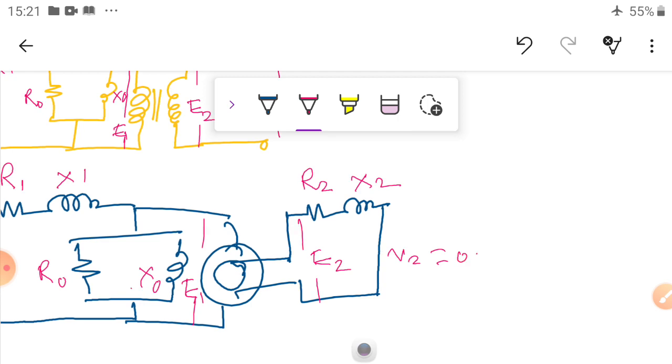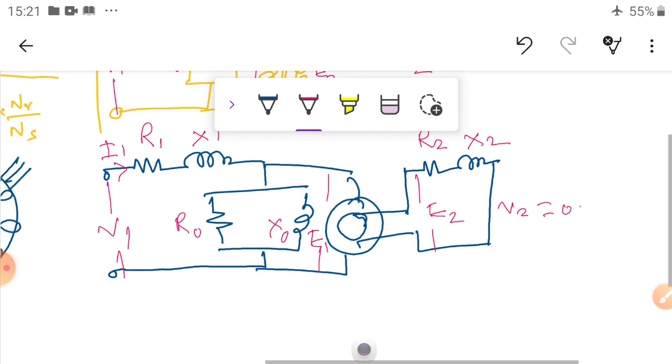This is the equivalent circuit diagram of our induction motor, stator and rotor. The current is I0, this current is called I1, and this current is called I2.